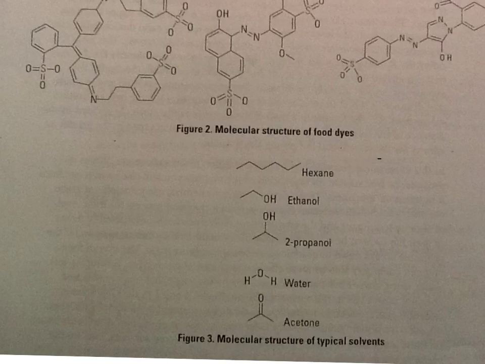Then you have something like ethanol, and with ethanol, and you can see here with the 2-propanol, you guys have these alcohol groups, okay? And so these alcohol groups are going to allow this to interact with anything that can hydrogen bond. So this also has polarity, if you guys remember that from biology. The difference is, you can see how this part of the 2-propanol looks a little bit bulkier.